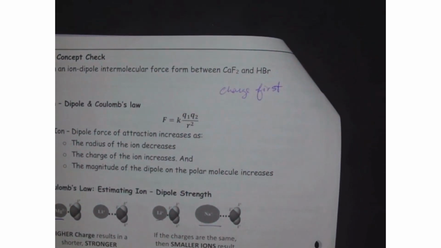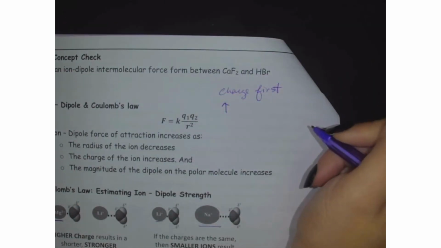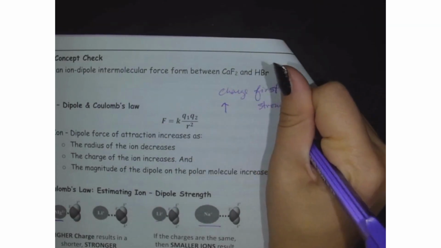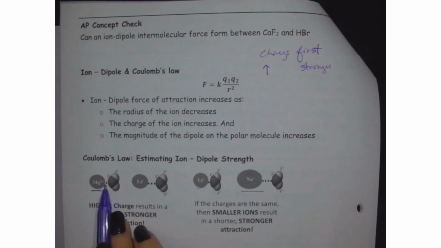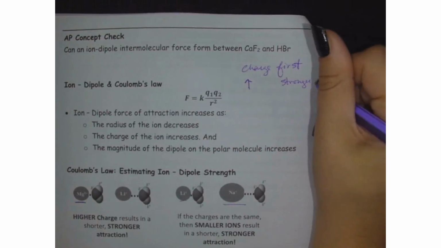Okay, charge first. The greater the magnitude of the charge, the stronger the IMF, or the attraction between the ion and whatever it is.